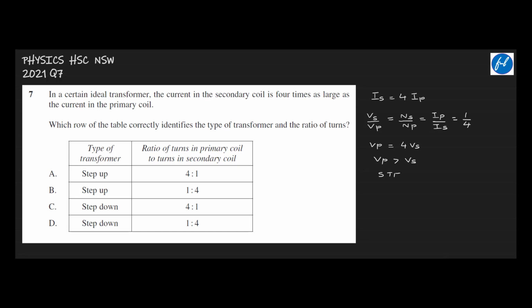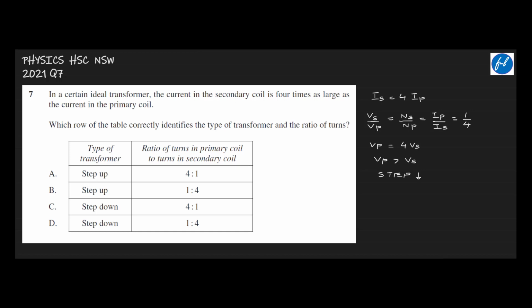transformer. So I will use some shortcuts. It's a step down transformer, so either option C or D is correct. But at the same time, we also have to comment on the ratio of turns in the primary coil to the turns in the secondary.